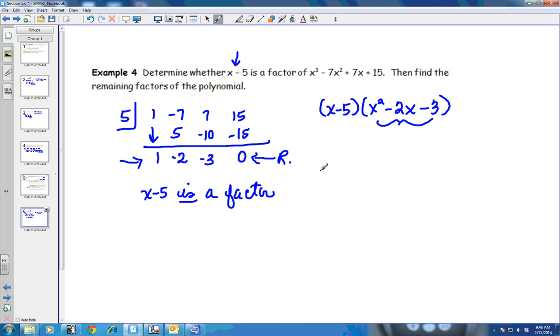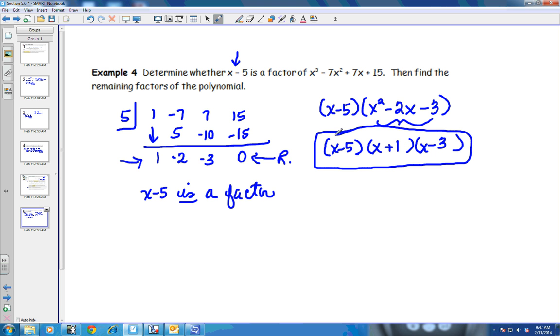So I still have x minus 5. Over here, I'm factoring this trinomial. I know it's going to be x and x. I know my signs are different, so one's plus and one's minus. I need factors of 3 that when I subtract them, I get 2. So it has to be 3 and 1. My 3 goes with the minus. My 1 goes with the plus. And then those won't factor anymore, so that is my answer.